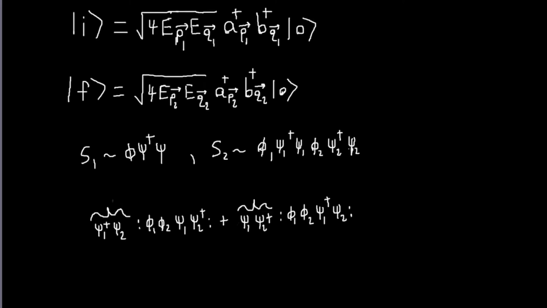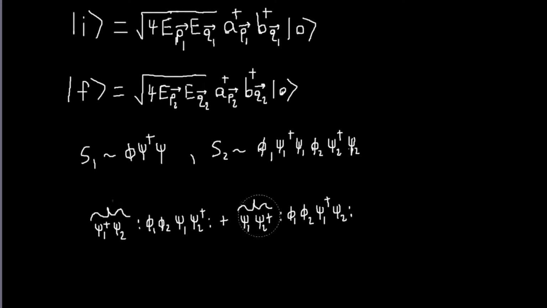And it's clear that the only ones that are going to contribute are ones where I contract a psi dagger and a psi, because I will have left over what I want, a phi 1 and a phi 2 to create and destroy an A particle, and a psi and a psi dagger to create and destroy a B particle.